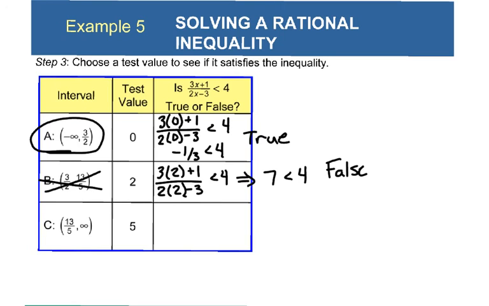Now let's try 5. So we get 3 times 5 plus 1, and then 2 times 5 minus 3. That ends up being 16 over 7, which is less than 4. So we have another true statement here.